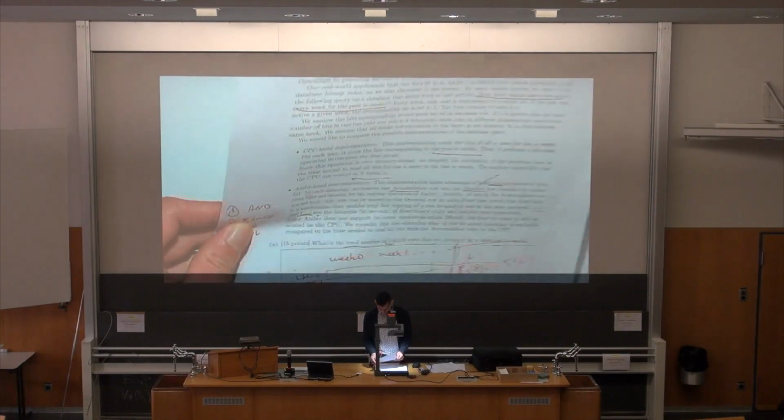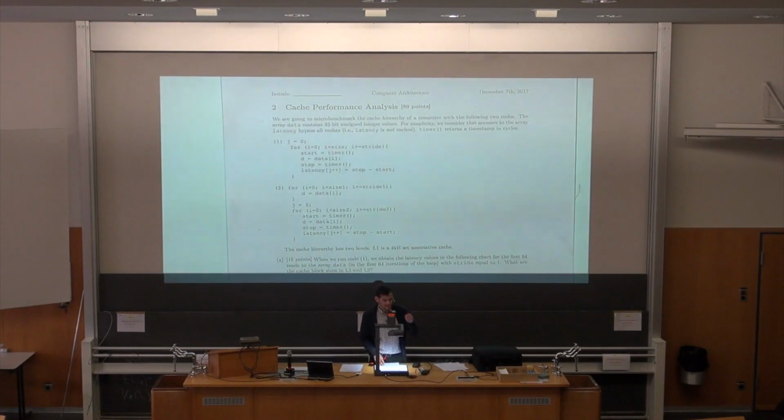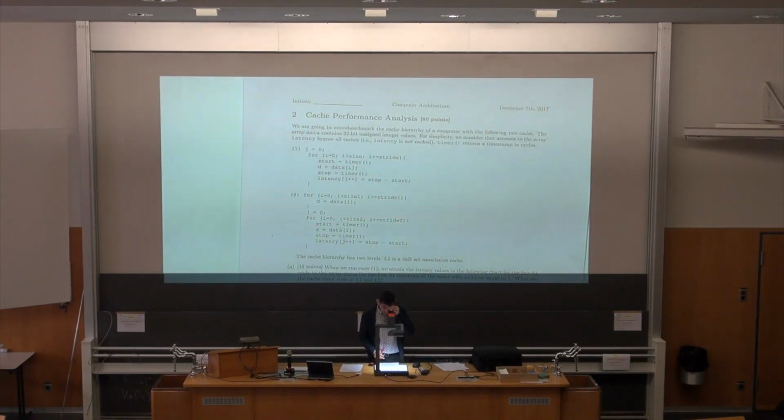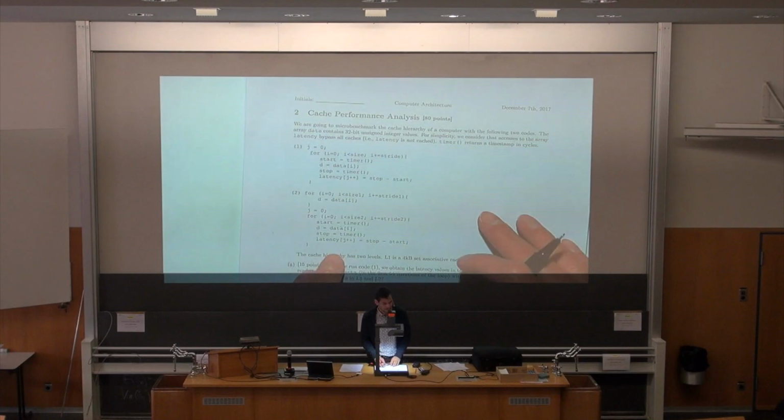Okay. So then you have the second question. There is a cache performance analysis question. So basically, in this question, we have two algorithms, and you want to measure some details about your cache system.